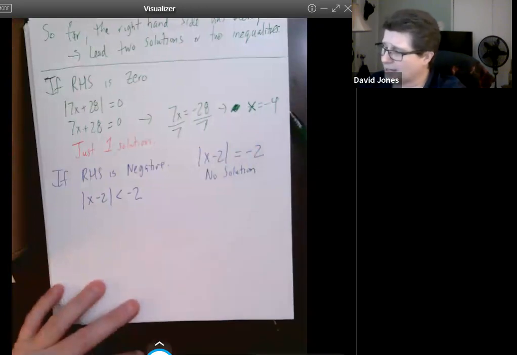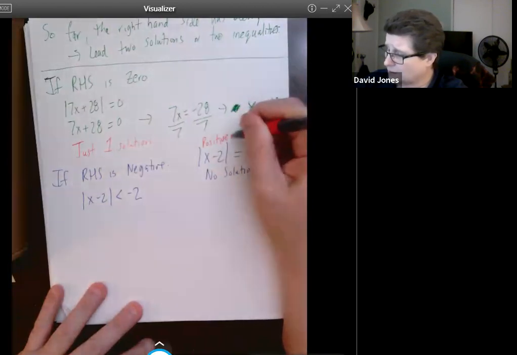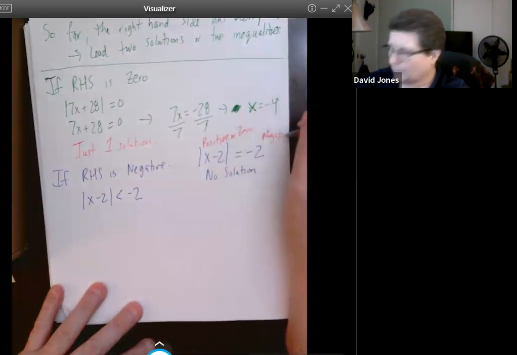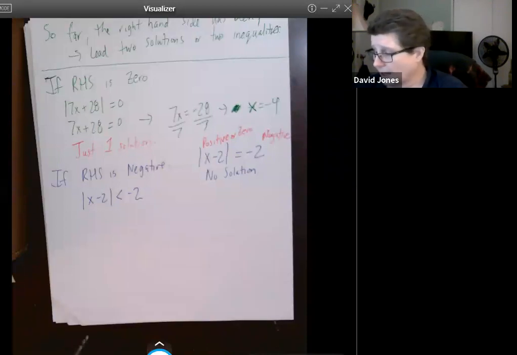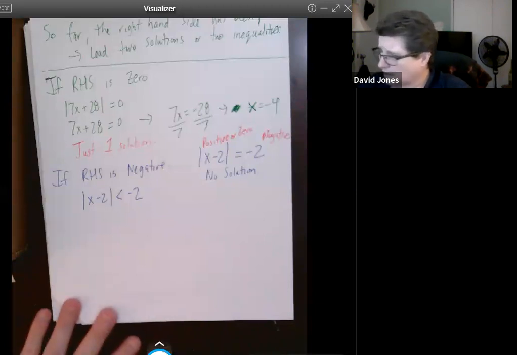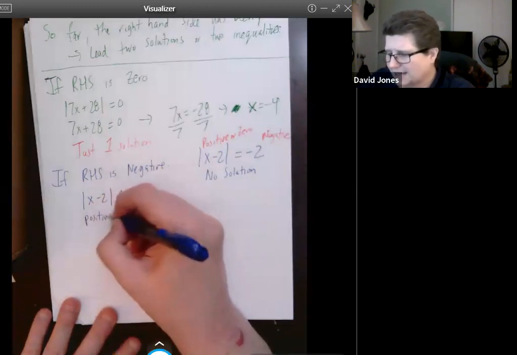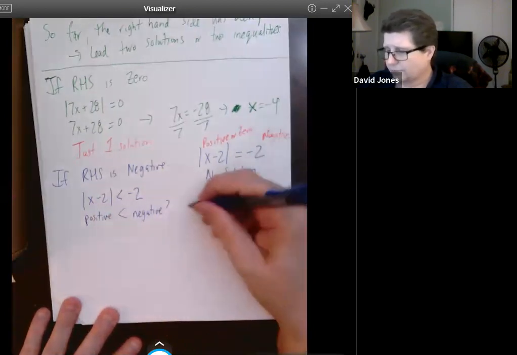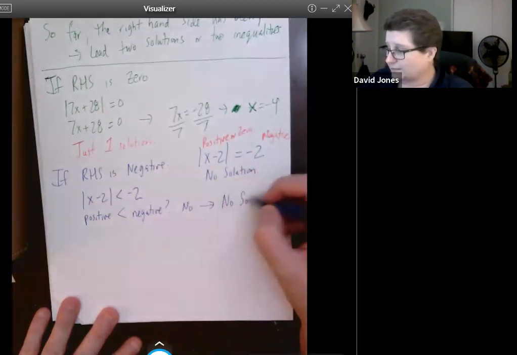The left side is positive. Absolute value is positive or 0. And the right side is negative. A negative number does not equal a positive number or 0. Again, is a positive number ever less than a negative number? No. So the less than version gives no solution here also.